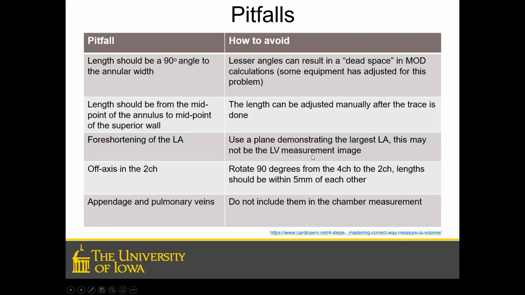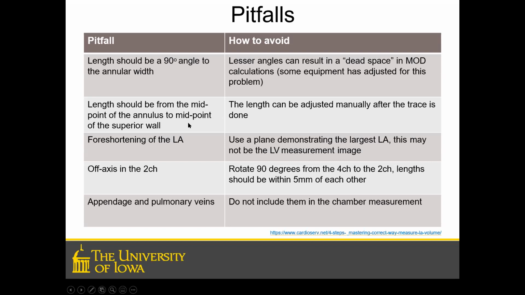So here's just a chart showing the pitfalls, and then I'm going to show you each one of these. So once again, this is LA volume method of disc. The length needs to be 90 degrees to that LA annular width so that we avoid dead space in the method of disc calculation.